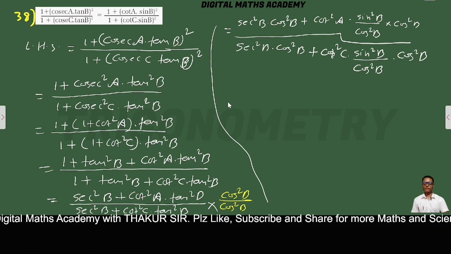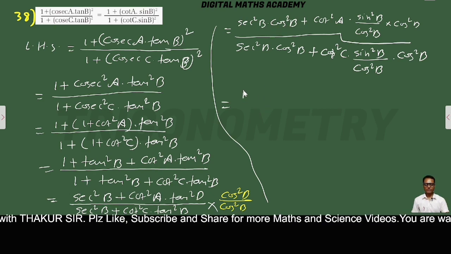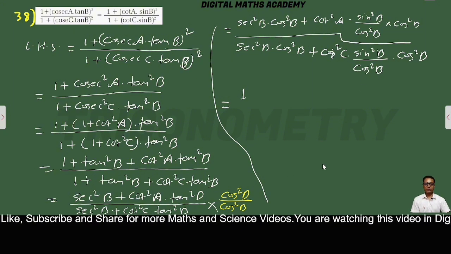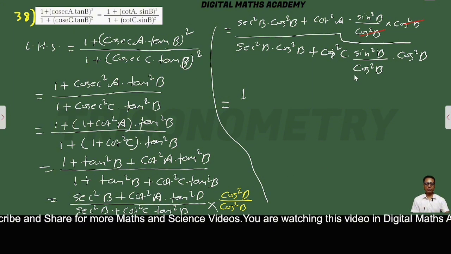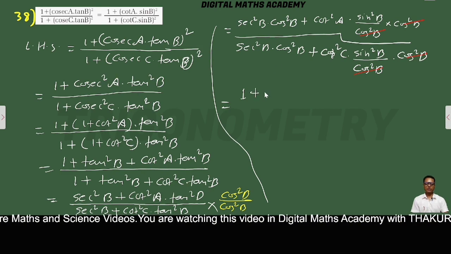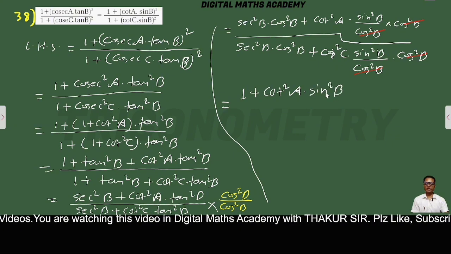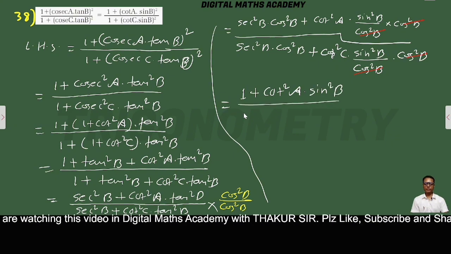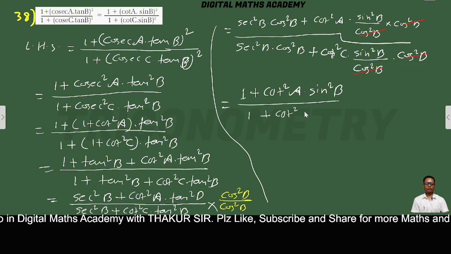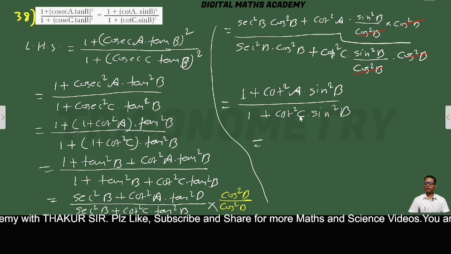Yes, you can write. Now sec² B into cos² B gives us 1, because sec B into cos B equals 1, and 1 square equals 1. Now we can cut cos² B and cos² B. Here also we can cut, and the remaining we have 1 plus cot² A · sin² B, and at the denominator also 1 plus cot² C · sin² B. So we have to arrange it according to the right hand side.